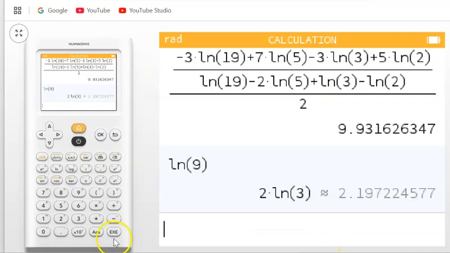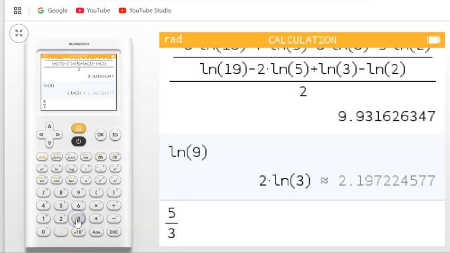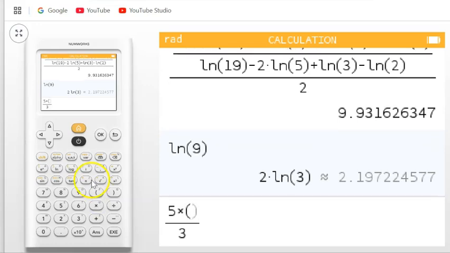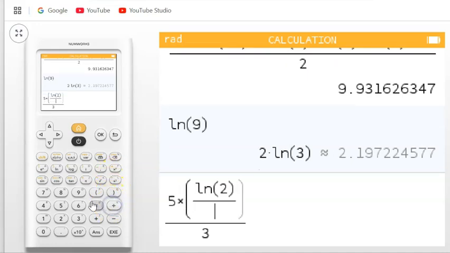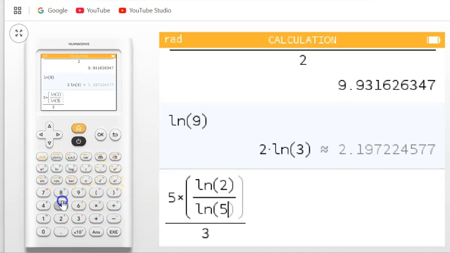Let's see here. We're going to make it a fraction. I'm going to go up into the numerator, and I'm doing 5 times, and I'm going to put this change of base in parentheses: natural log of 2 divided by natural log of 5.